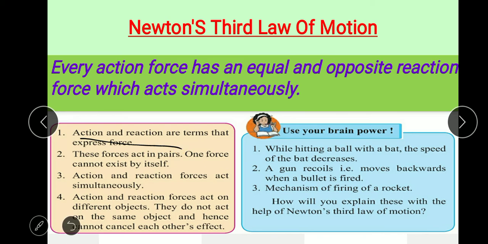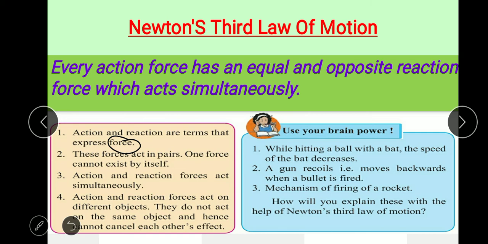Whenever we say action or reaction, it is force. For every action force there is an equal and opposite reaction force, simultaneously, students. This is the third law of Newton.